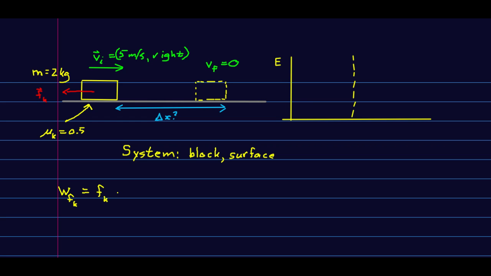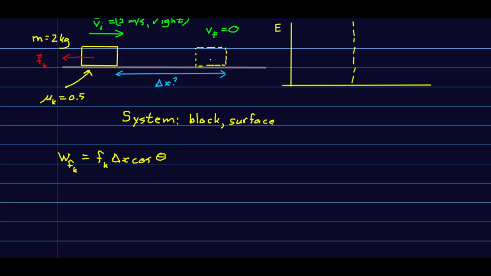that friction force times the distance that the block travels times the cos of the angle between that force and the displacement vector. And if you think about those two vectors, the displacement vector points this way, and the friction force points back this way.